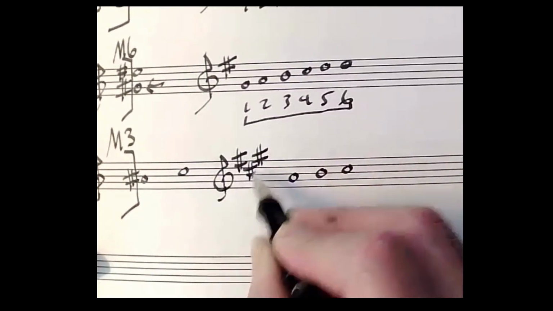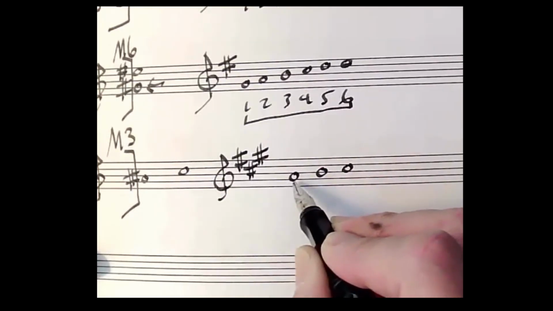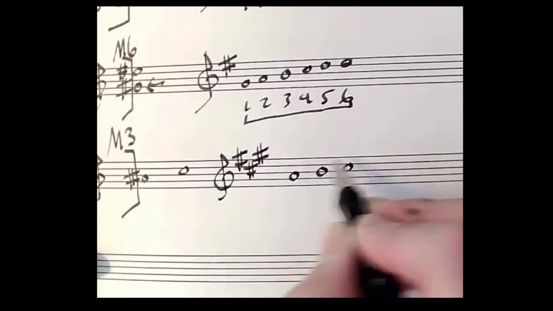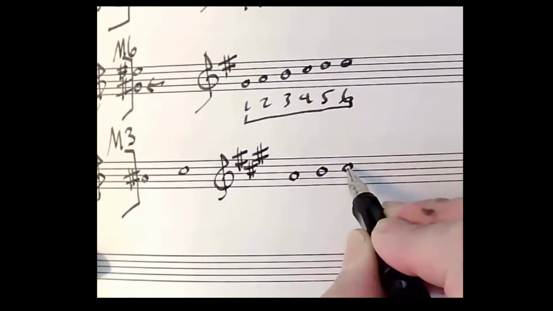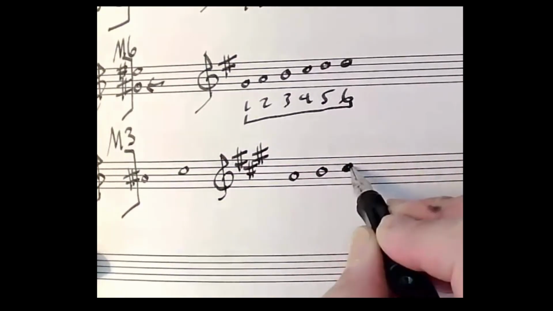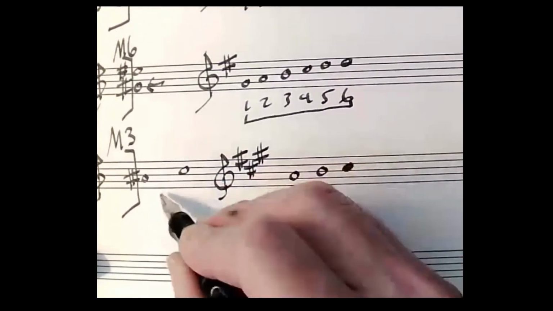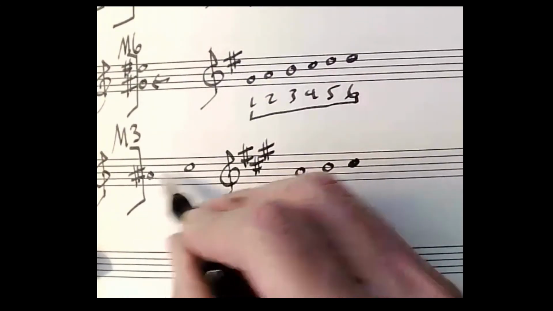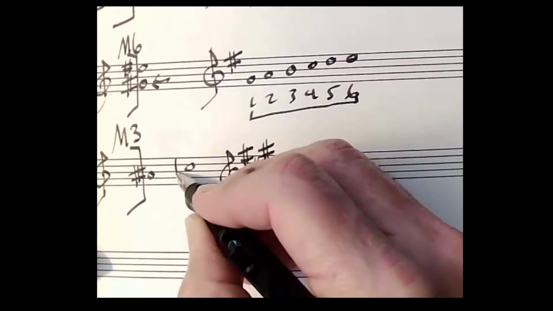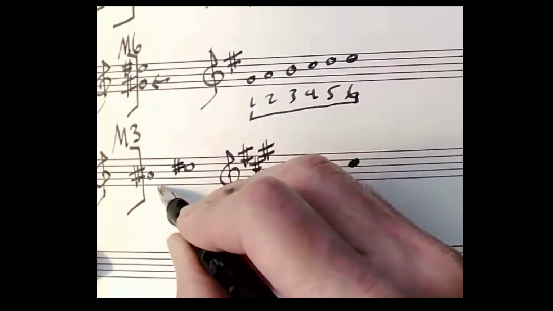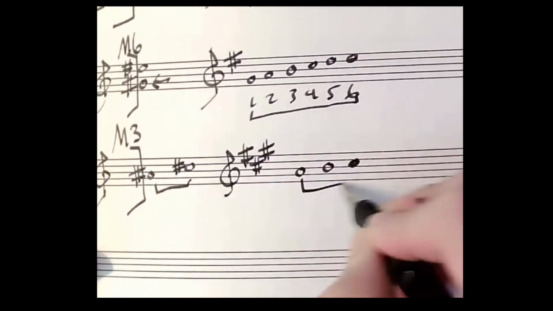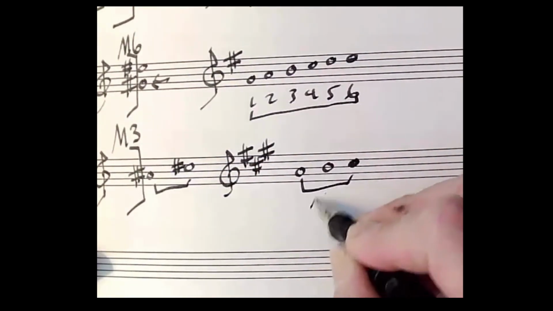Now, according to the key signature, A natural, B natural, there are no sharps, but there is a C sharp. Okay. So we can see that from the note A to C sharp is a major third. From A to C sharp is a major third.